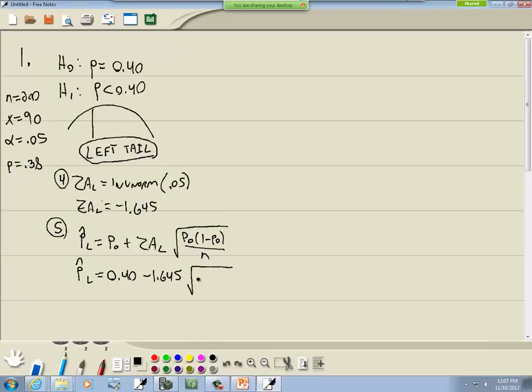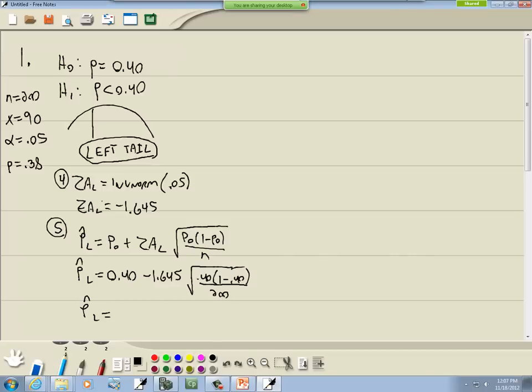P naught we said was 0.40 times 1 minus P naught, 1 minus 0.40.